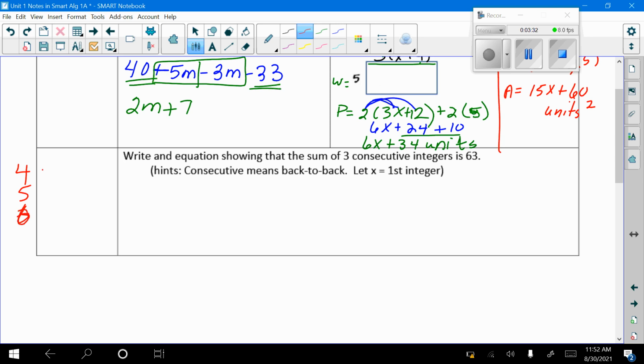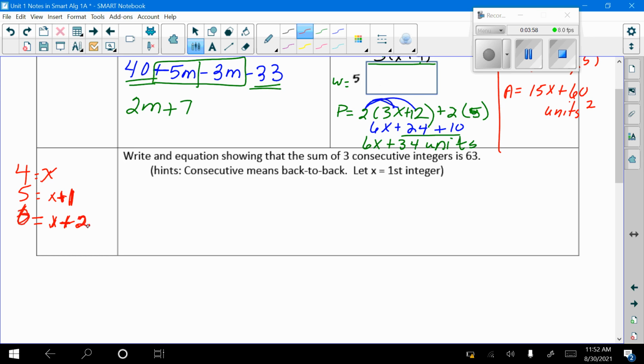So let's say this was x. Well, if x is 4, to get to 5, I would have to do x plus 1. And to get a 6, I'd have to do an x plus 2, because 4 plus 2.